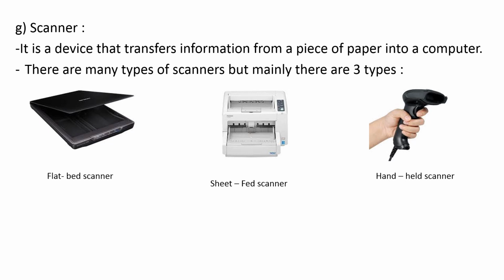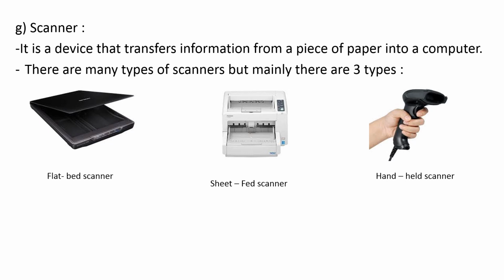Just remember this: flatbed scanners are very much similar to a photocopy Xerox machine. Only that the surface is flat, and it is very small in size. It is used by an individual at home.